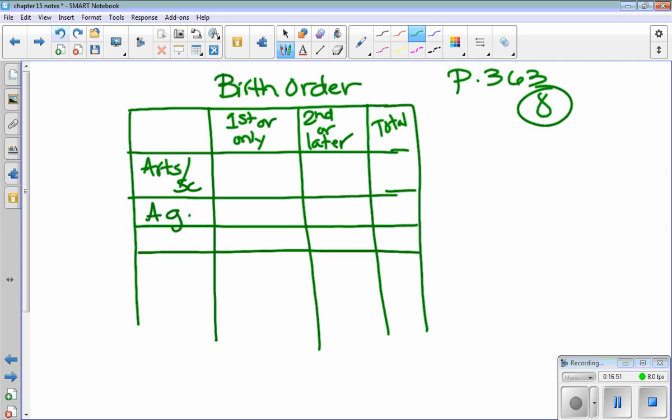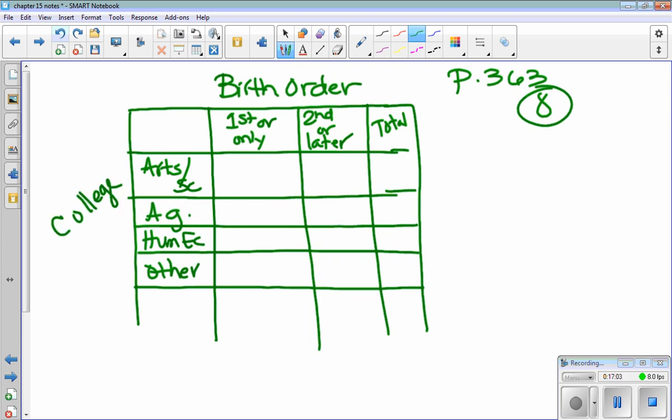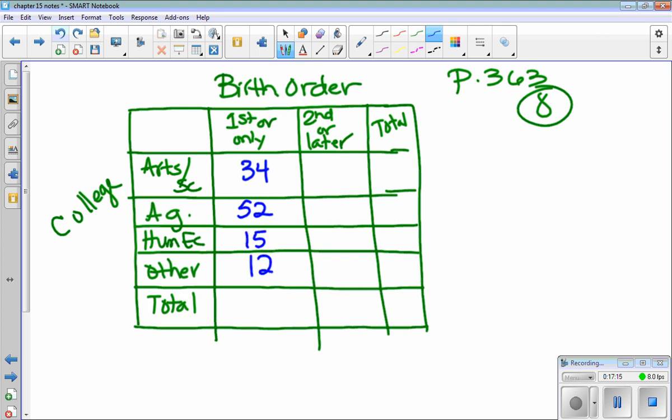Then we have human ecology. And then we have other. All right, and then we have the book. Let me put the numbers in here. We have 54, 52, 15, 12. Oh yeah, 130.